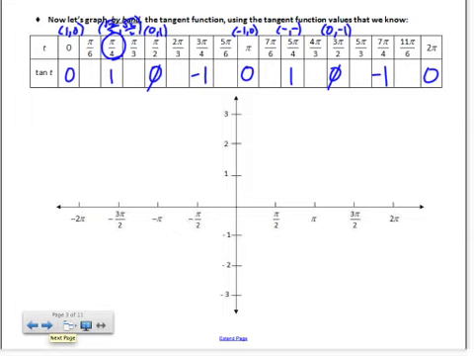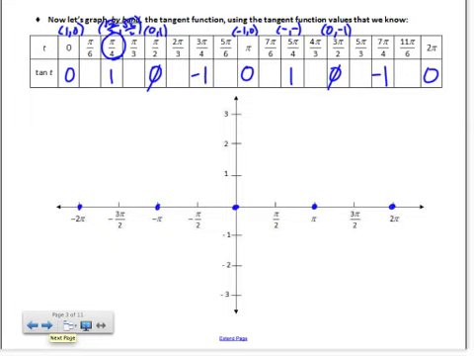For tangent on the origin, we have a 0. Pi units away is another 0. Pi units away from that is another 0. So if you use your brain, you probably can tell that pi units before that and pi units before that is zeros.